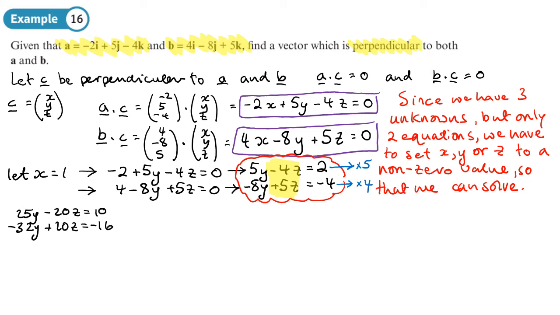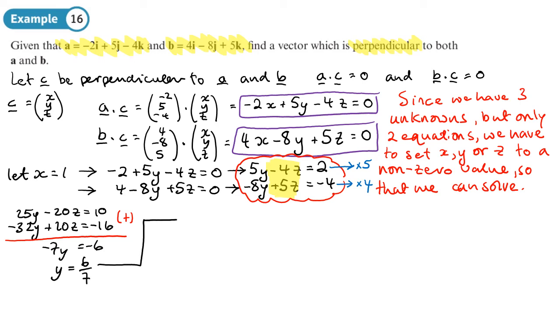So these I will add together, and if I add those two equations together, I'll end up with -7y equals -6. I beg my pardon. So y equals 6 over 7.